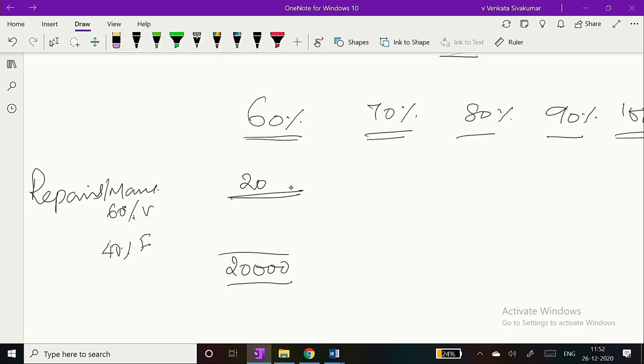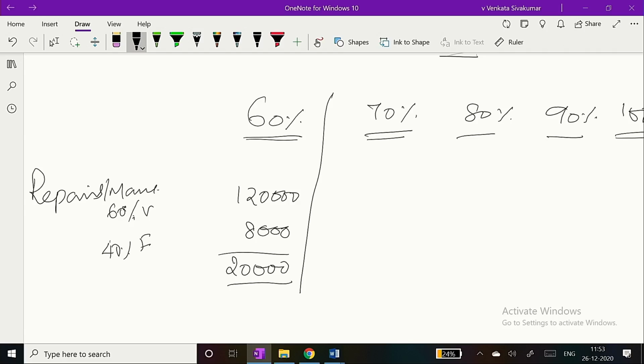Something is variable means something balance is fixed. Something is fixed means balance is variable. 60% is 12,000. 40% will be 8,000. Remember, at this level only. Whereas variable cost will proportionately move, fixed cost will not move.